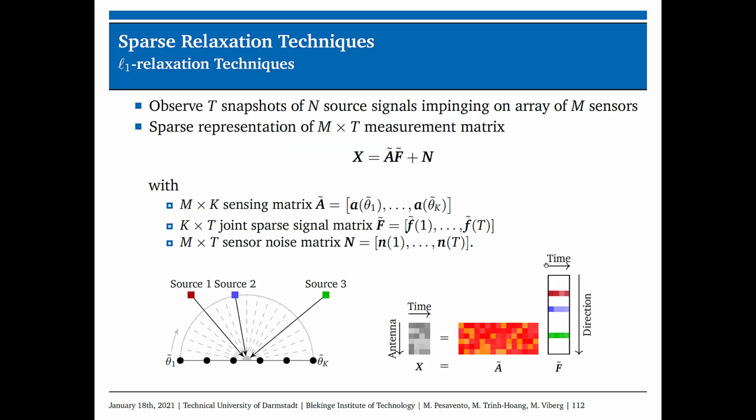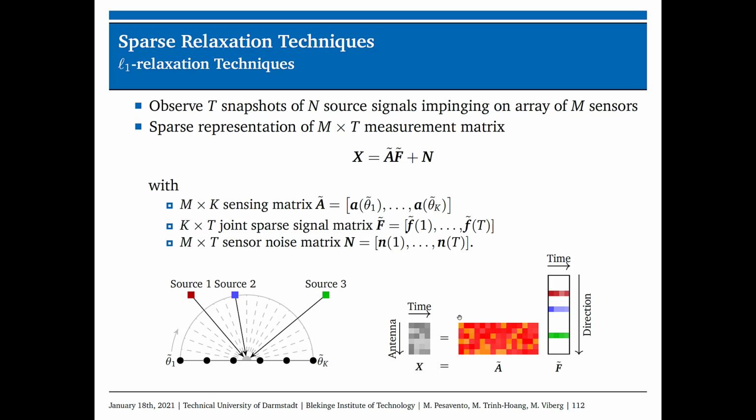Having defined the dictionary A tilde, we can rewrite our multiple measurement signal model in the following form given over here, where we introduce an extended signal waveform matrix F tilde that is an extended form of the signal waveform matrix S or of the fitting matrix F that we used before. The extension is of the kind that the matrix has an extended row dimension that matches the column dimension of the sensing matrix A tilde.